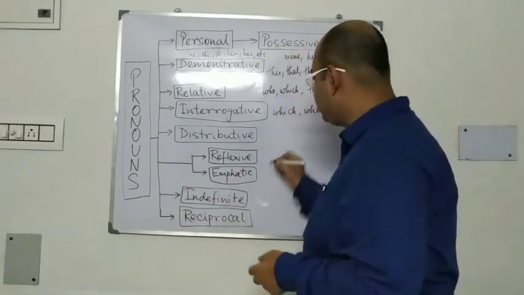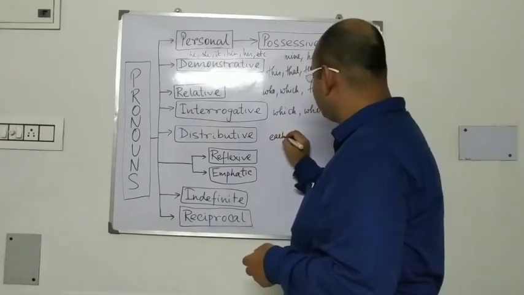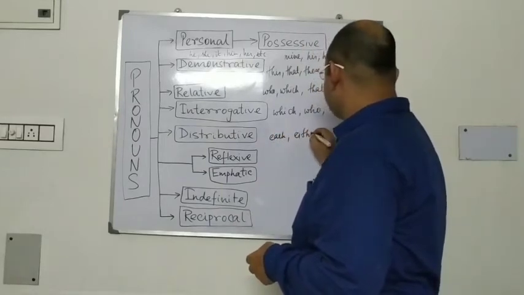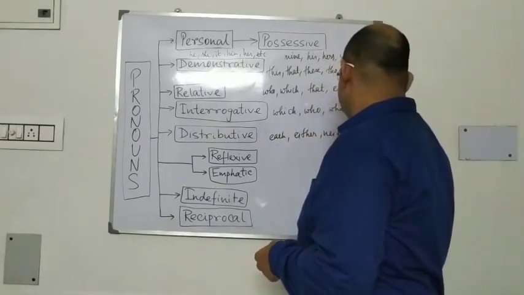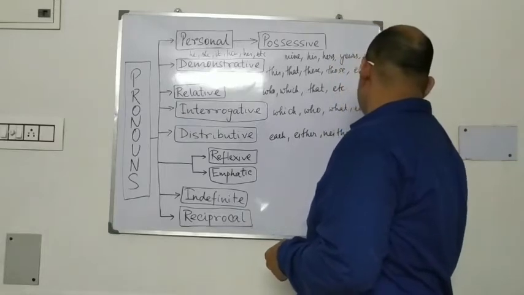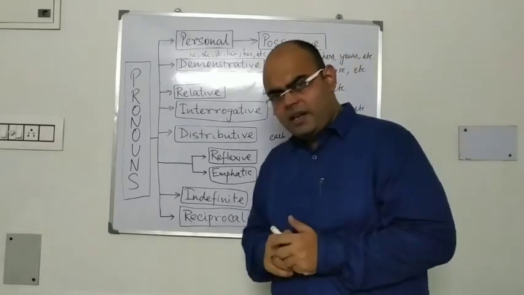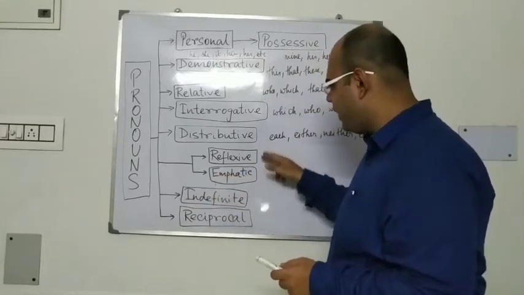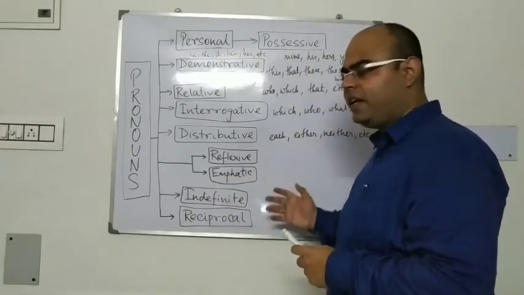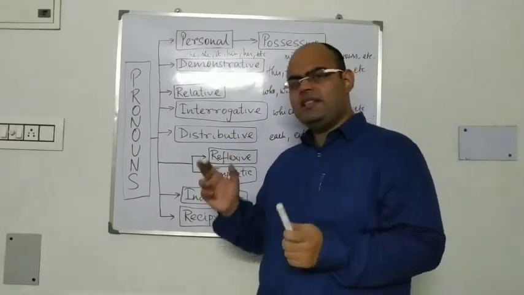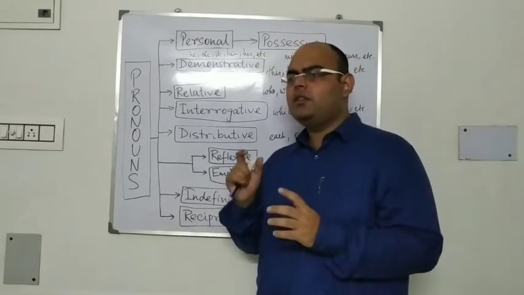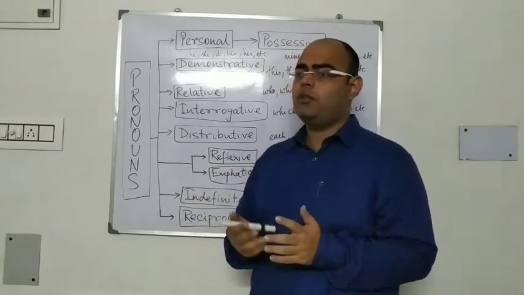Now what are the examples? Each, either, neither, etc. The next one, as you can see, is subdivided into two portions, reflexive and emphatic. Now these are basically the same words used for different uses.